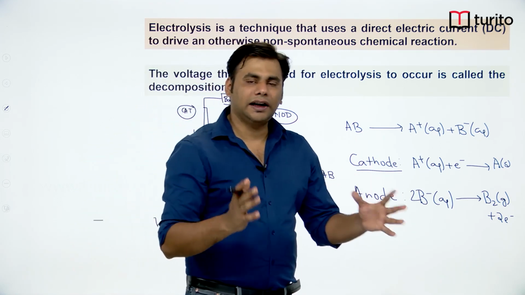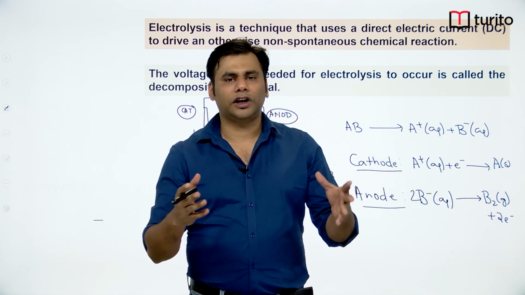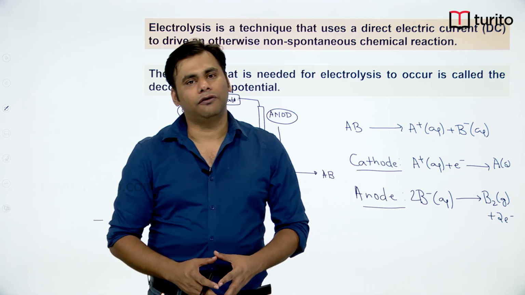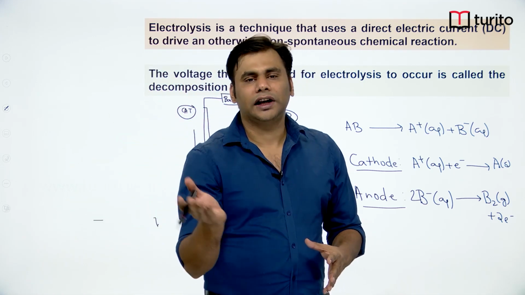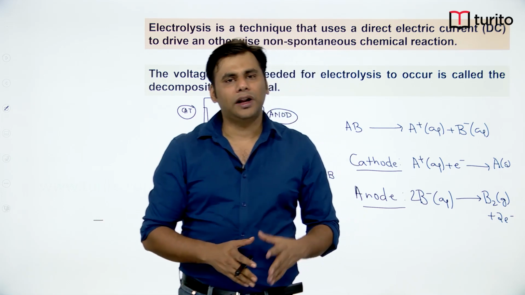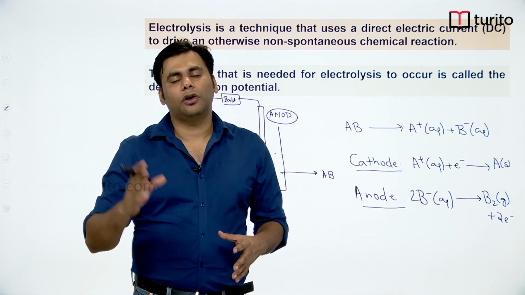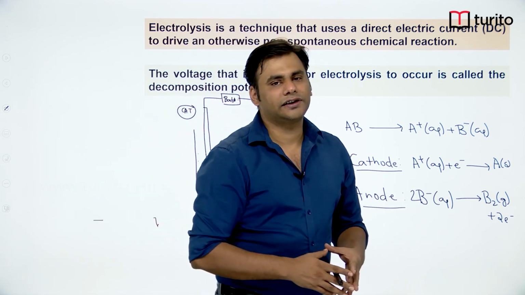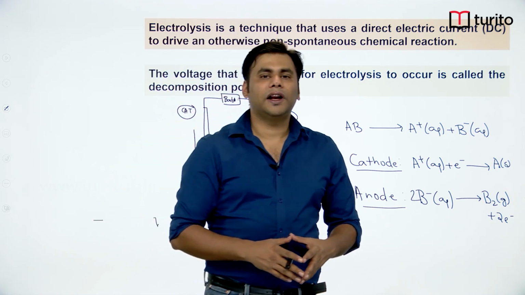Now when we connected this entire galvanic cell system to an external battery whose potential was greater than 1.1 volt, what would happen? The flow of current would become opposite. The electron would go inside the anode and cause the reduction of zinc, and it would cause the oxidation of copper. So the reaction would become zinc 2 plus plus copper changing into zinc plus copper 2 plus.